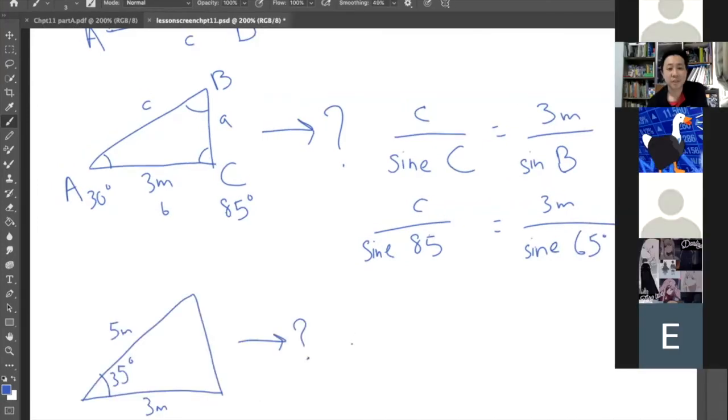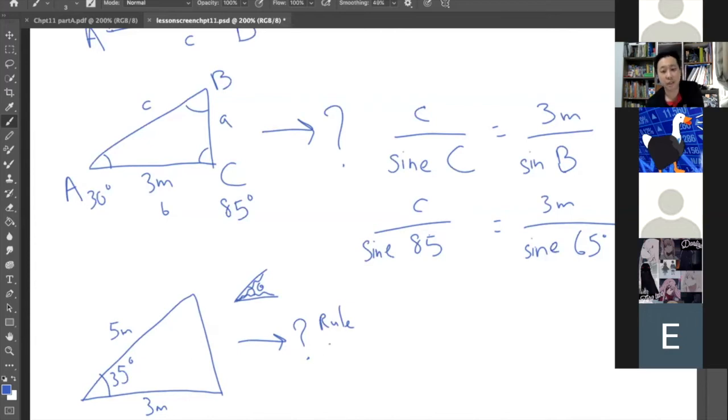Correct? So this one, which rule will you use, Zhang Li? Sine rule or cosine rule? Sine rule. You always have one angle sandwiched by two lengths given to you.